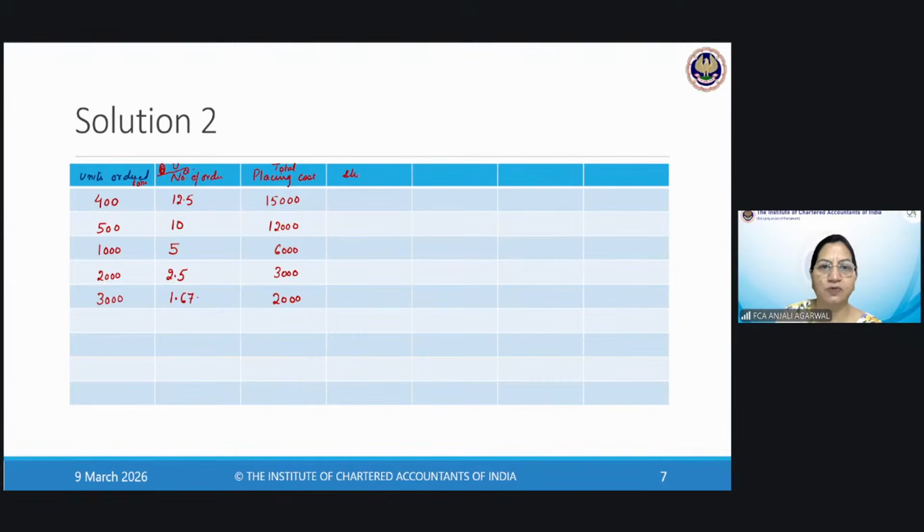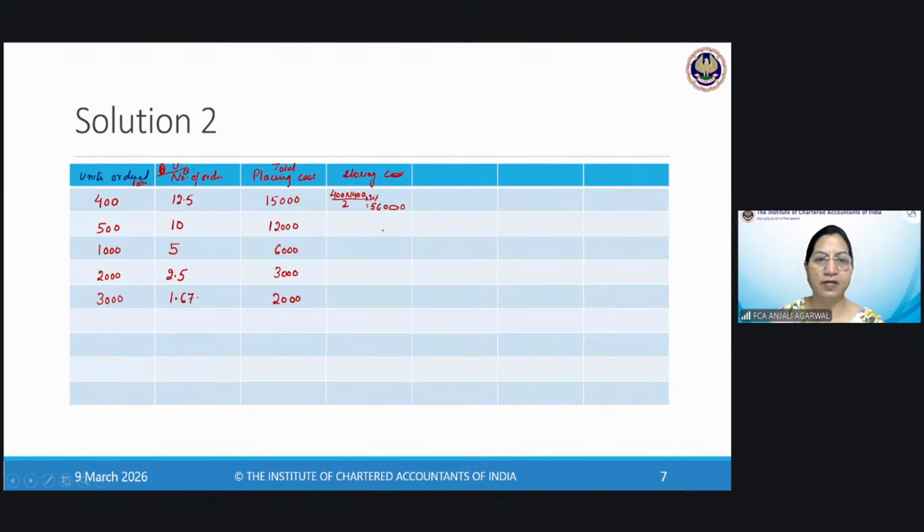Let us talk about storage cost now. Like I said, you can calculate it like this. 400 into 1400 is your total investment. Divide by 2 for average investment, into 20%. So it is 56,000.